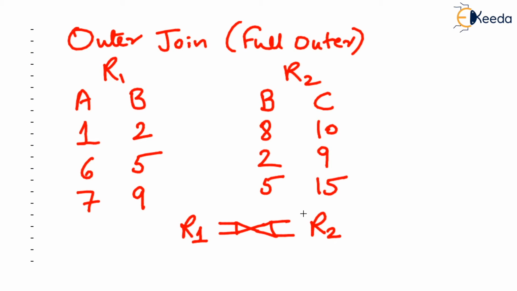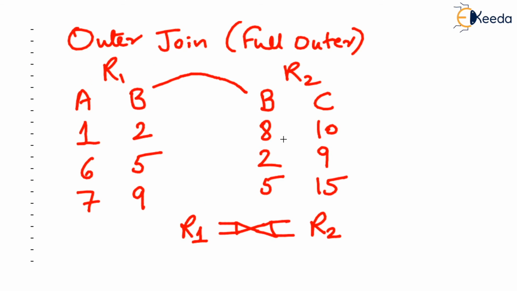There is a common column B between the two tables, and if R1 does not get a match or R2 does not get a match, check my words. If R1 does not get a match or R2 does not get a match, never mind, all the rows of R1 and all the rows of R2 will be shown. But wherever a match is not found, then for the other table, null values will be shown.